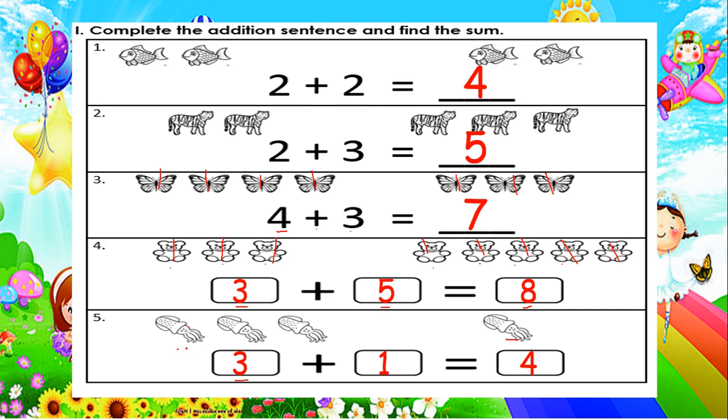Okay, so if you are going to put all these things together, you will have the answer 4. 1, 2, 3, 4. So you have 3 plus 1 equals 4. Okay, so I hope your answers are all correct. So let's go now to the next page.